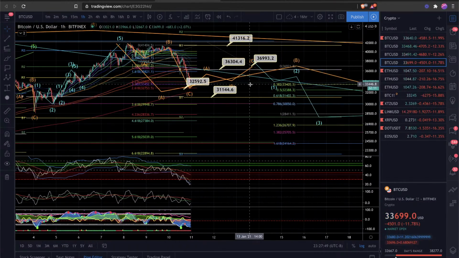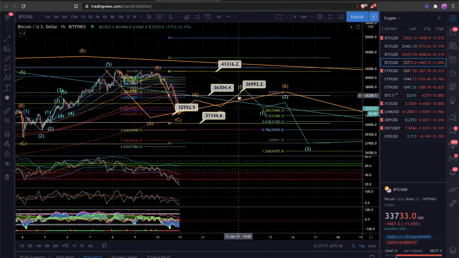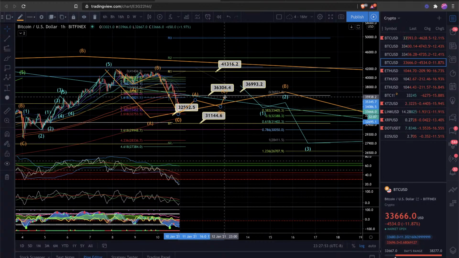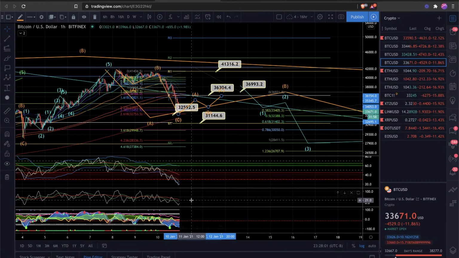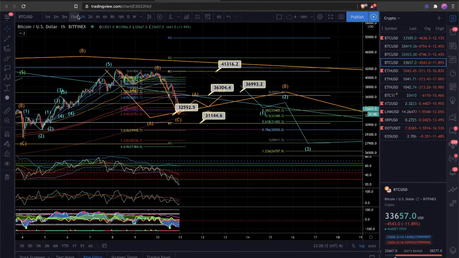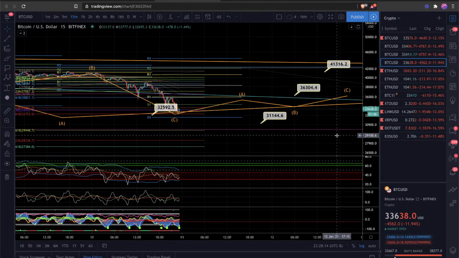All right, zoom out. Try and clean up some of this mess a little bit. All right, so even with where we are right now, 33.6, honestly, it looks like we are getting a little bit of a bounce, with everything as exhausted as it is. Let's go ahead and even go down to the 15.